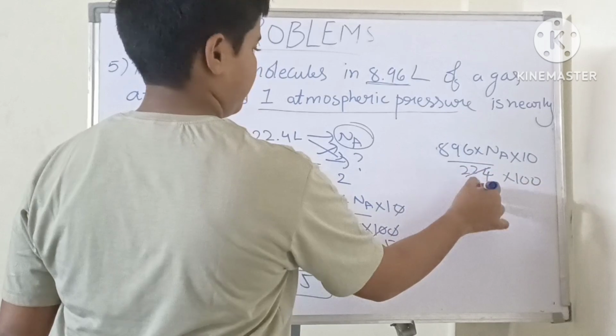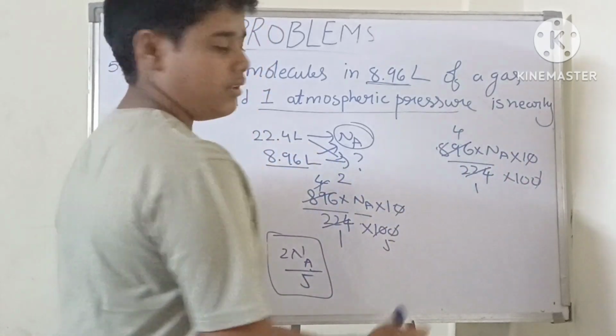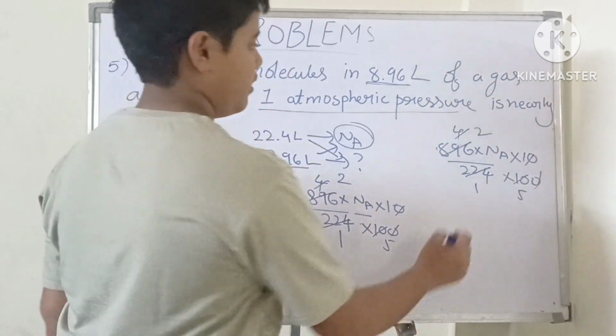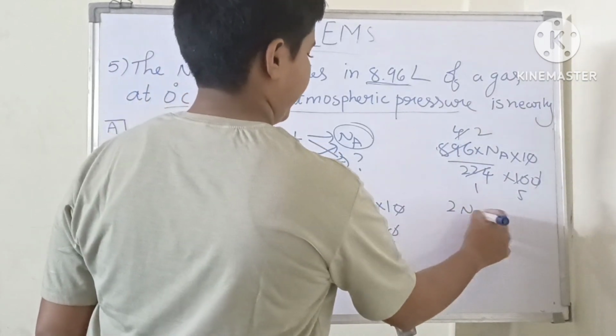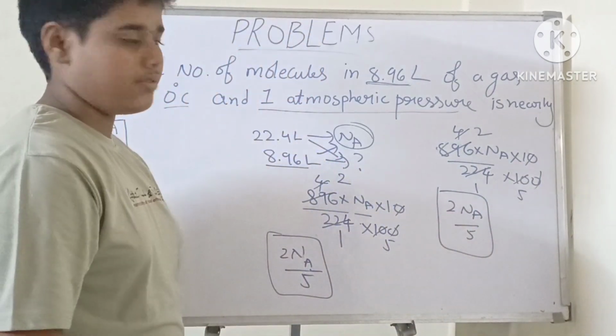So 224 ones are 224, 224 fours are... 0 gets cancelled and 2 twos are 4, 2 fives are 10. Okay. So the final answer is 2 NA by 5. Okay. So this is the fifth sum.